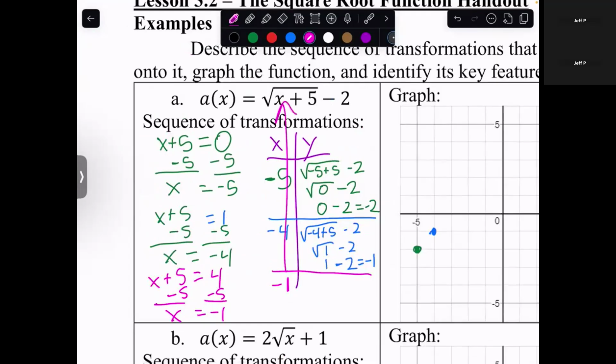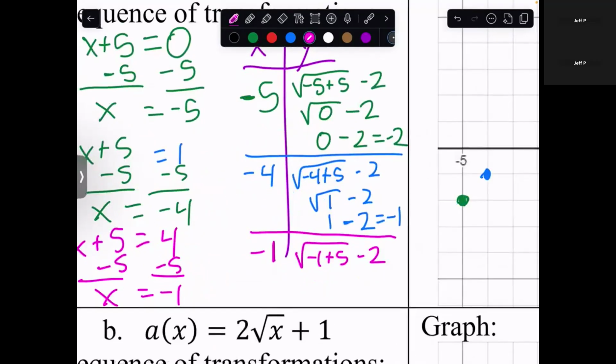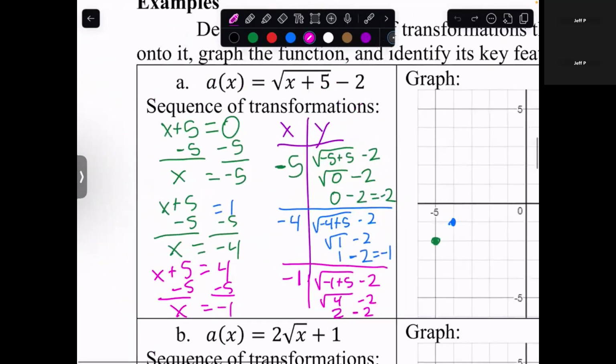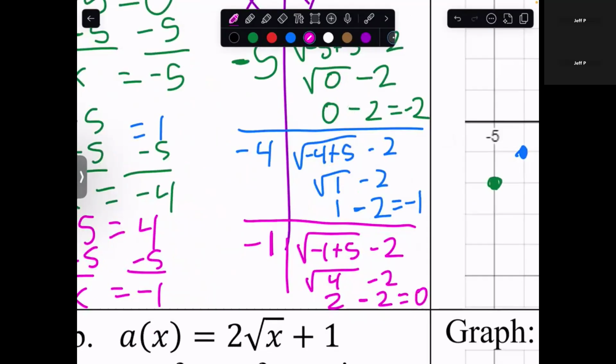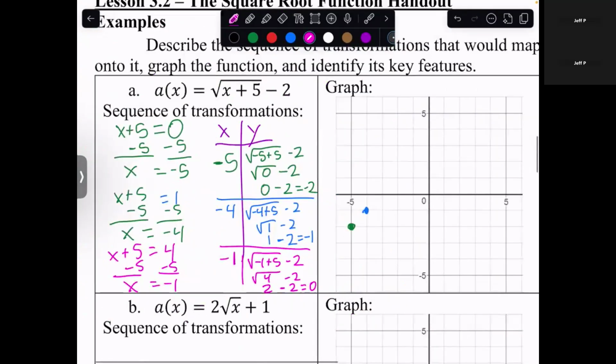Substitute that into the function. On the inside, -1 + 5 is 4. The square root of 4 is 2, but let's not forget we still have to do the outside -2. So 2 minus 2 gives us 0. When x is -1, y is 0.